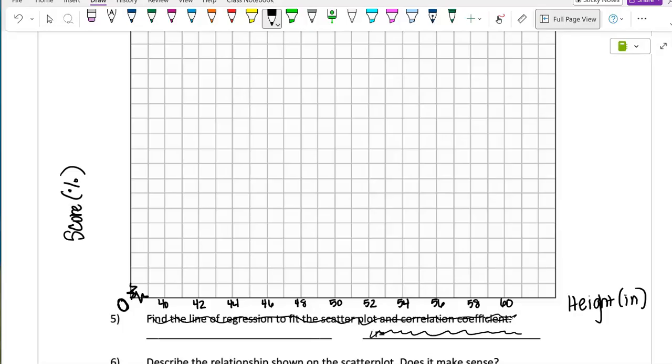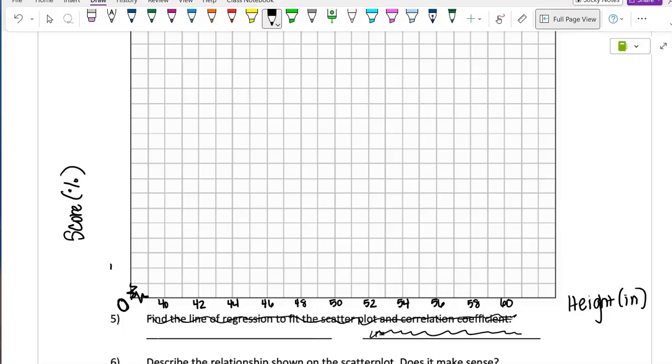And again, my lowest test score is 45%. My highest is 94%. Unfortunately, there I don't have enough space to even count by 2s. So I'm going to have to go by 5s, even with being able to skip part of the graph.